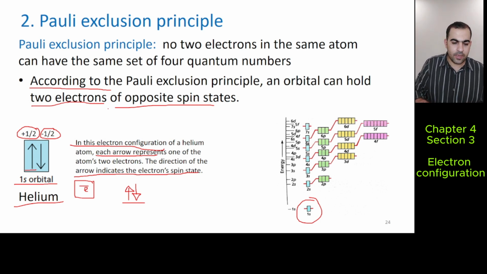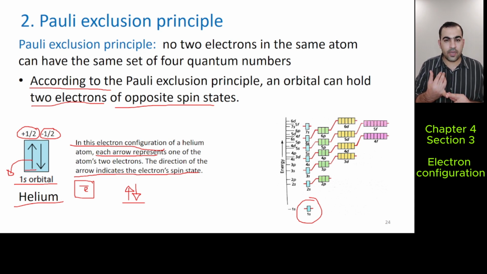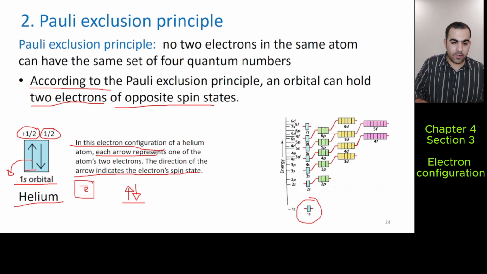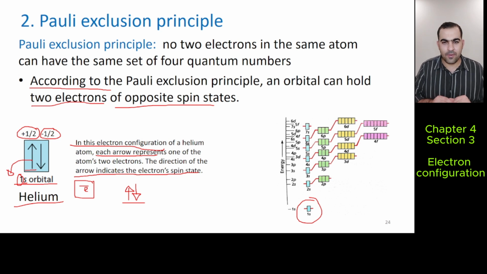Okay. So here, if we apply the definition, no 2 electrons in the same atom can have the same set of 4 quantum numbers. This electron, this is n, the principal quantum number, because this number represents what? The energy levels. l represents the sublevels. So this electron, where is it? It's in the s sublevel.